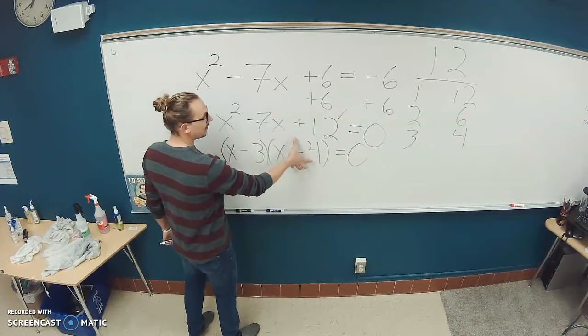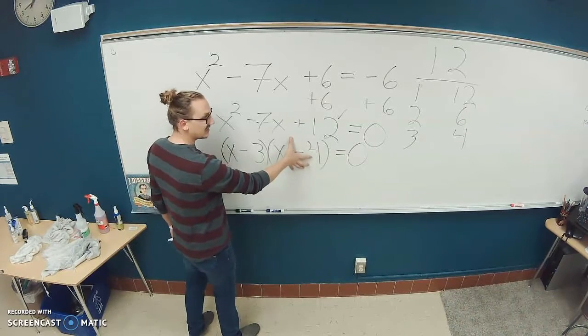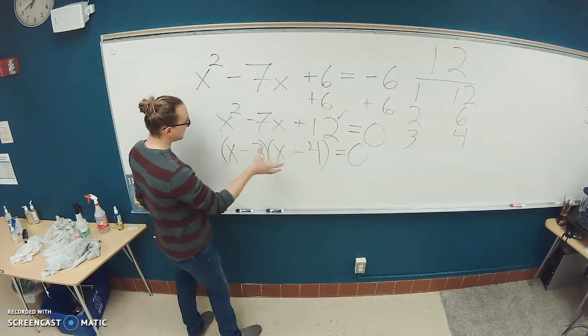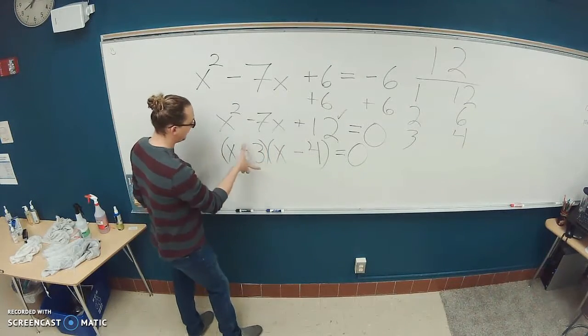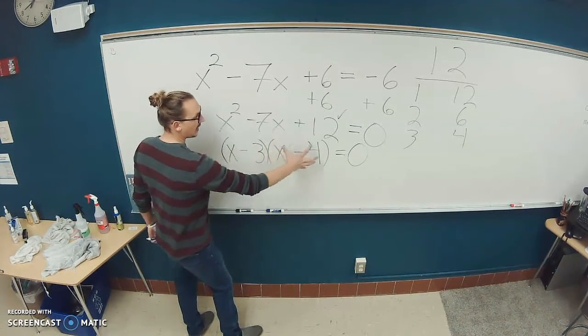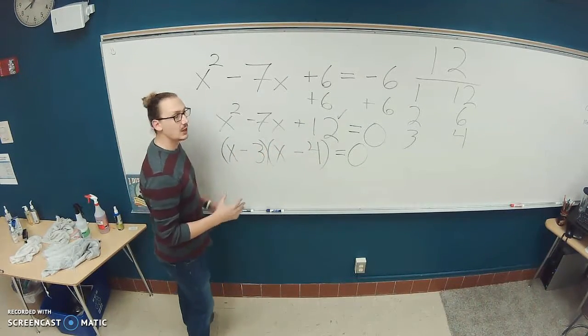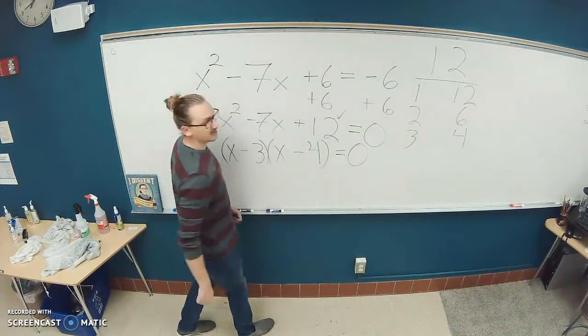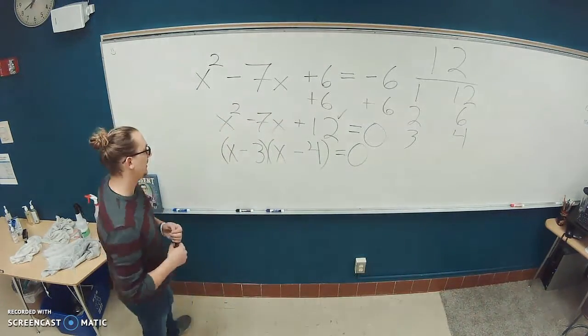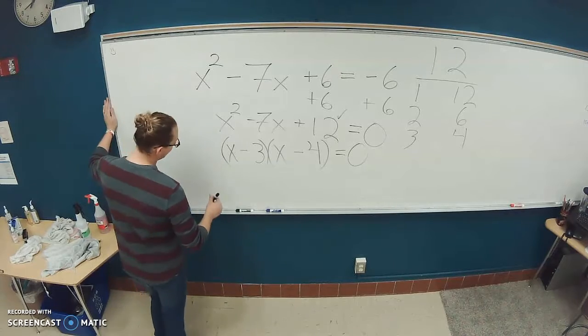If either of these two parentheticals end up being 0, when we multiply them together, we'll get 0, because anything times 0 is 0. So we'll set both of them equal to 0.